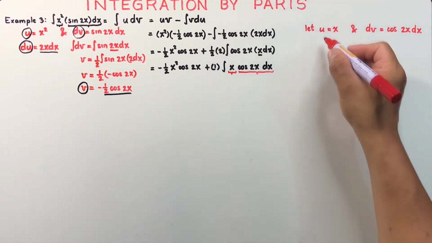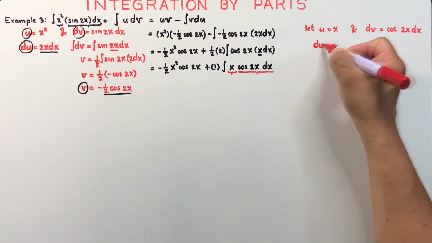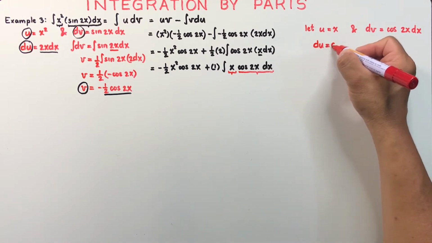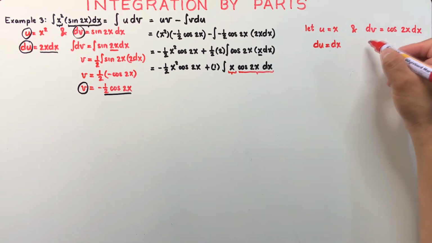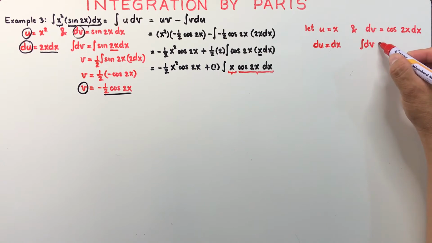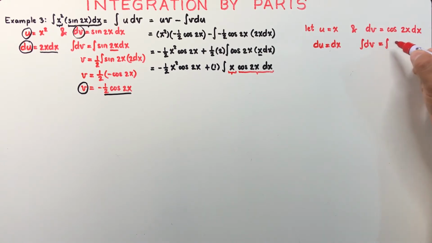And you can check whether this is correct by finding the differential of x, which is dx, and finding the v in this dv here by integrating both sides of the equation. So this is the integral of cosine 2x dx. And we know that by chain rule, the derivative of 2x is 2. But we don't have a 2 here.